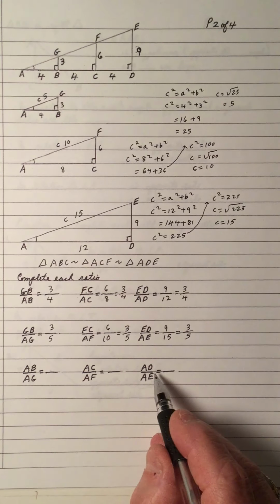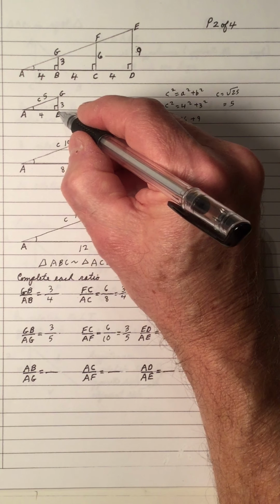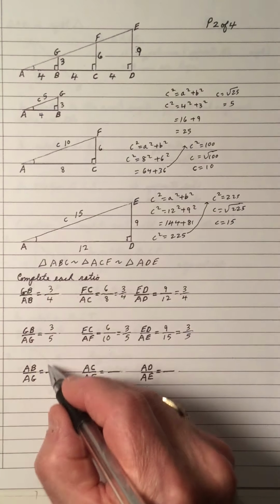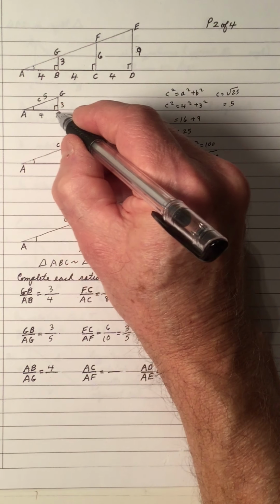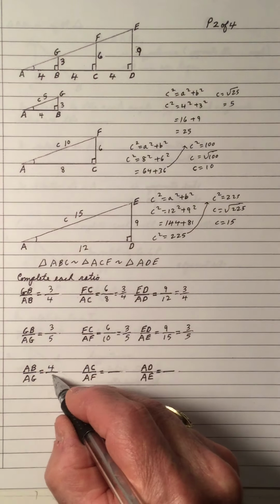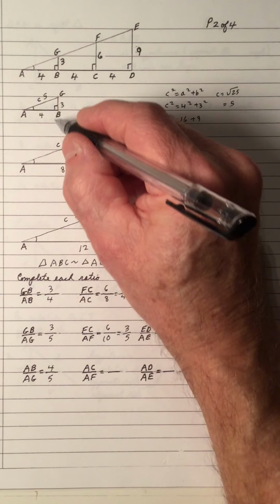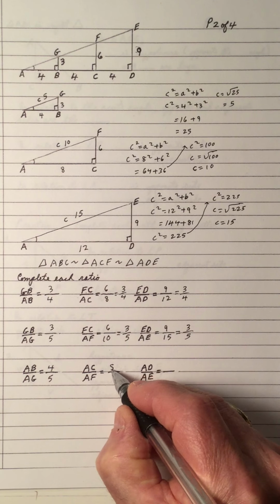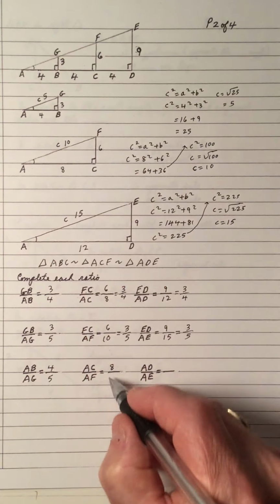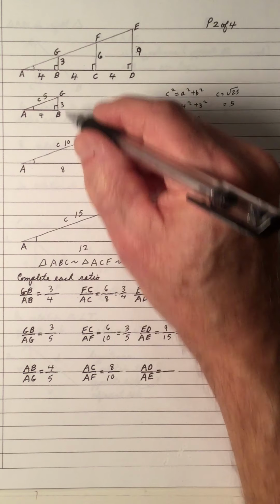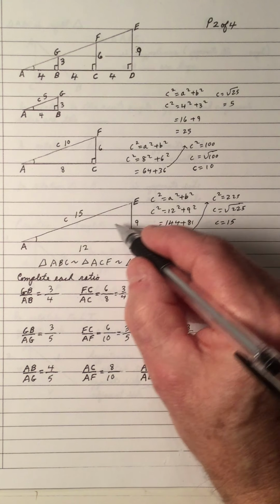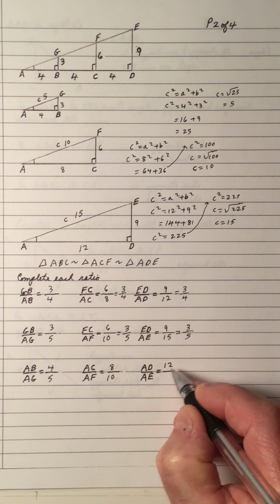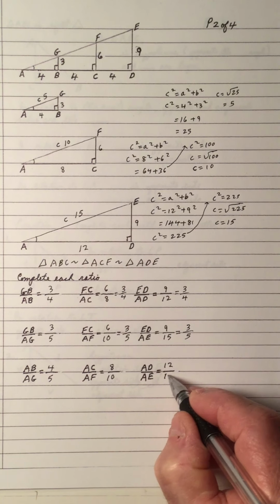And another set of ratios, what about AB to AG? AB is 4 to AG, which is 5. So AB corresponds to AC, which is 8, and AF is 10, and AD is 12, and AE is 15.